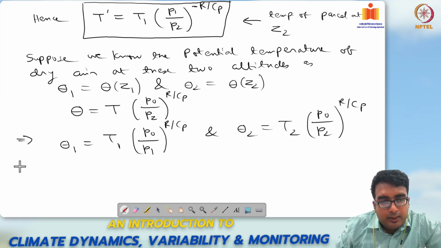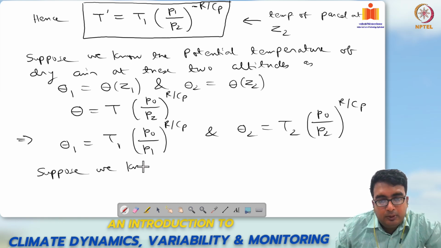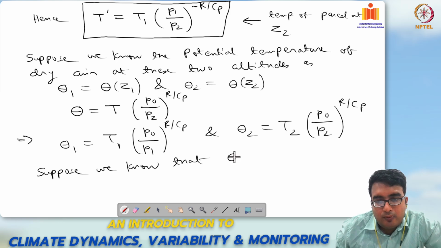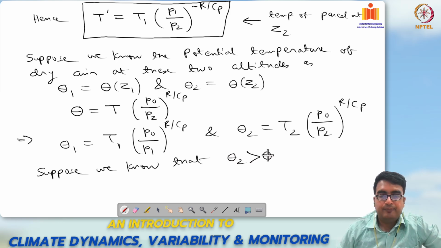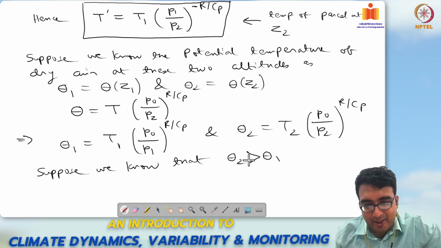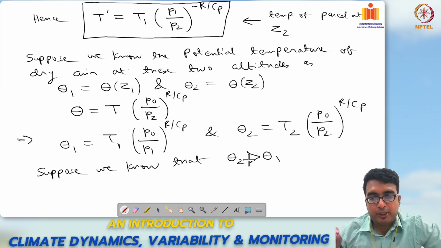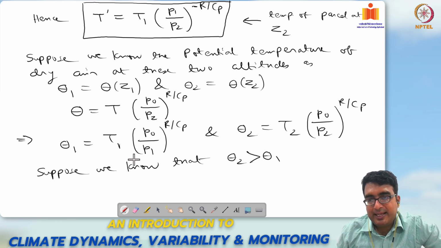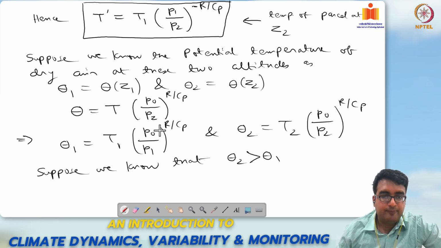Now, suppose we know that theta 2 is greater than theta 1. That is, the potential temperature at Z2, which is at the higher altitude, is greater than the potential temperature of dry air at Z1, which is at the lower altitude. Okay. So, this means this expression is greater than this expression, right?